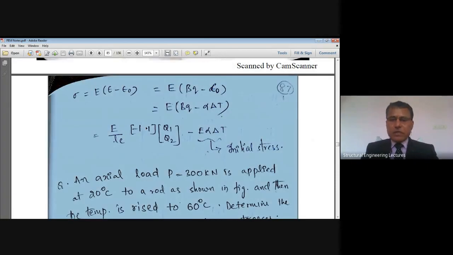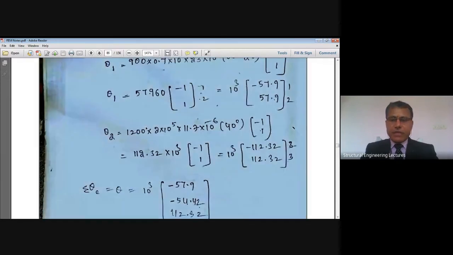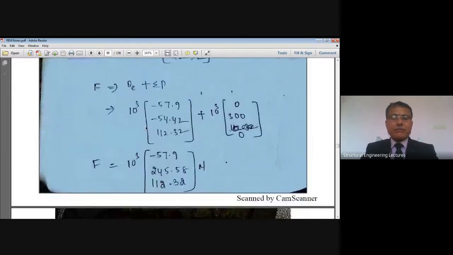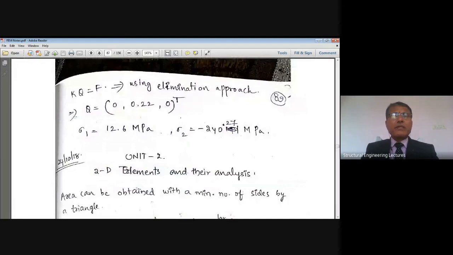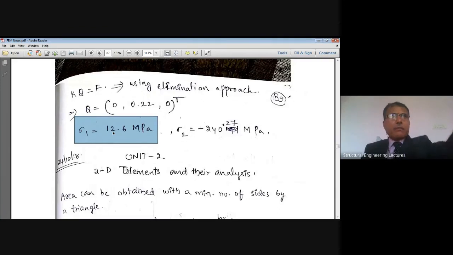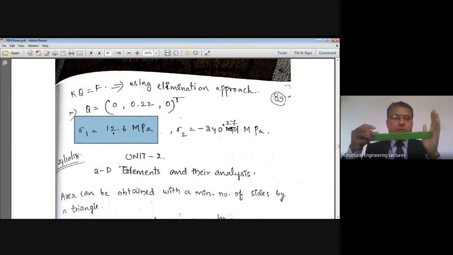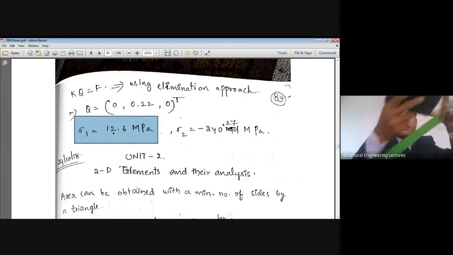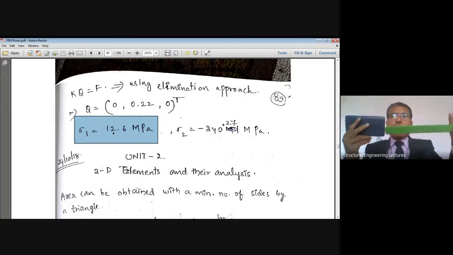Doing this, I get the first element stress of 12.6 MPa. The plus sign indicates the first element is under tension, because it's obvious that the left support of element 1 is fixed, and at the intersection of these two elements a force is applied. Hence, this first element is under tension.